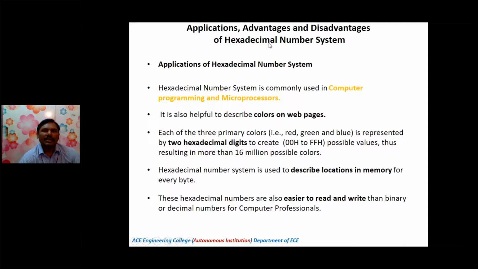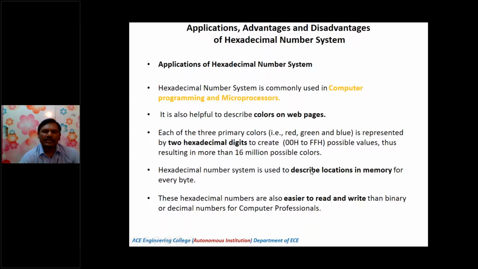So what are the applications, advantages and disadvantages of the hexadecimal number system? These are the applications. The hexadecimal number system is commonly used in computer programming and microprocessors, and it is also used to describe colors on web pages, using two hexadecimal digits for millions of possible colors.